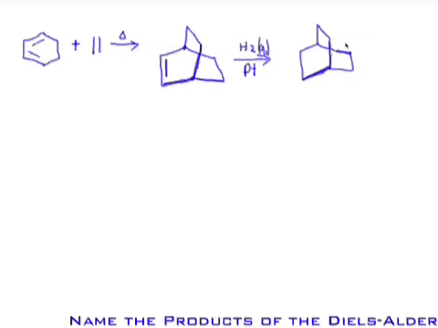Okay, so here's my bridgeheads. Name this molecule. Well, he would be bicyclo[2.2.2]. If I count up the carbons, 1, 2, 3, 4, 5, 6, 7, 8. Octane.